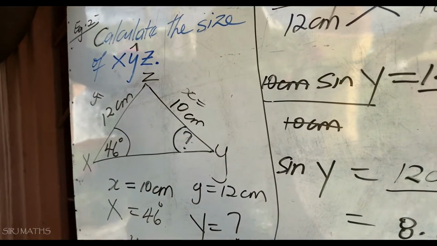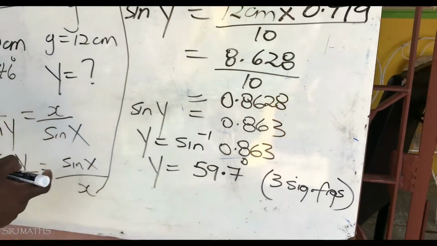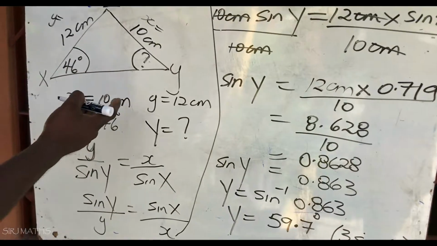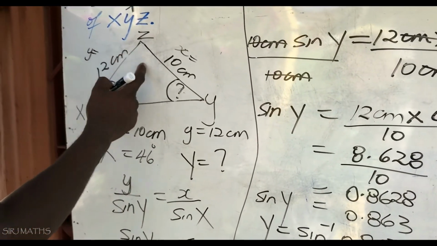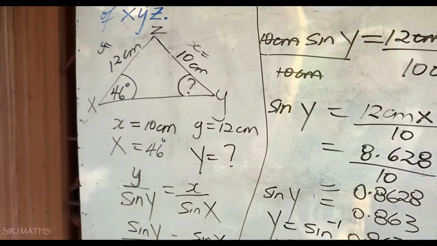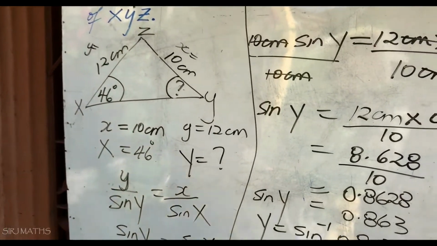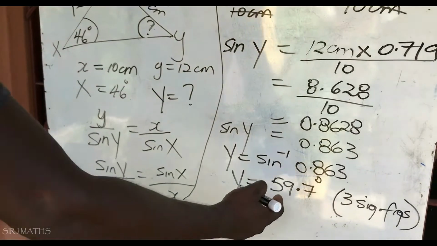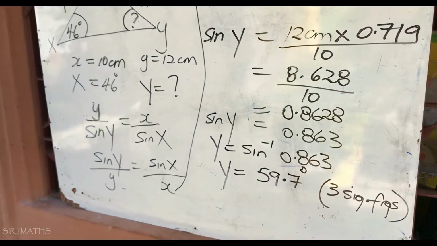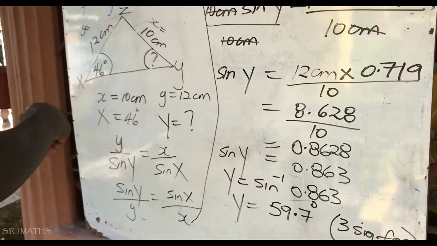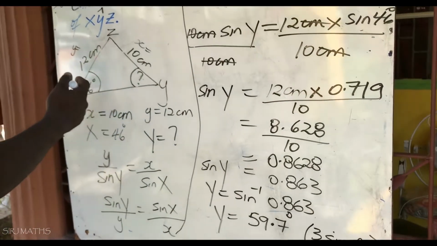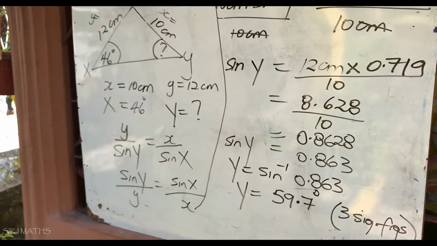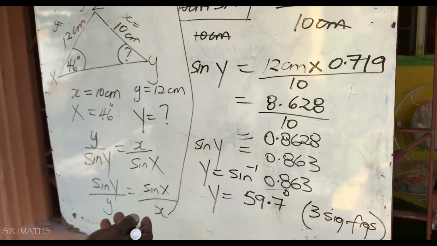So it is possible that that angle could have also been 120.3, providing this is not drawn to scale. But we are using the acute angle right here, so y here equals 59.7 degrees. When I say it is possible, it doesn't have to work out. It depends on the length of this side and the angle right here. But we're just looking at the possibility.